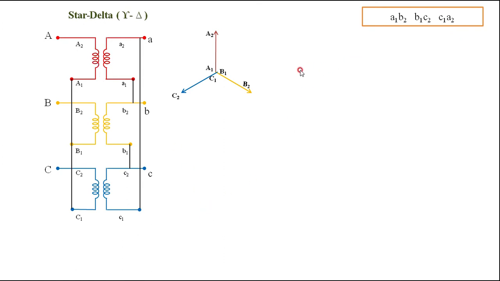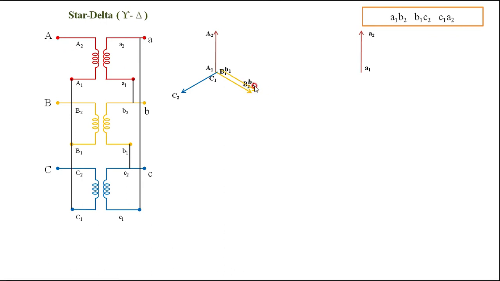Look here. The secondary voltage across the first transformer, a1 a2, is in phase with this. I am just bringing it here, a1 a2, and drawing it for the secondary. The voltage is in phase with A1 A2 of the primary.